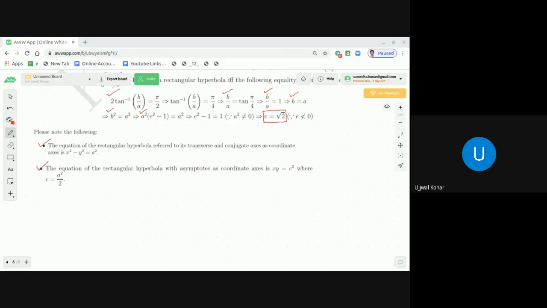Let me place this point, dear students. Actually, I was making it in a proper format so that you get it properly.